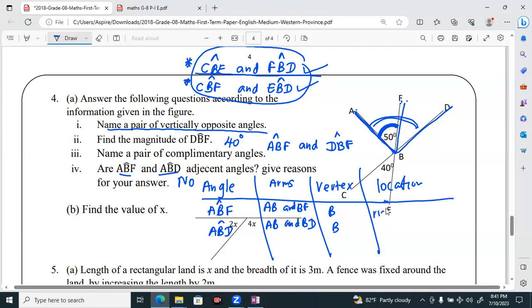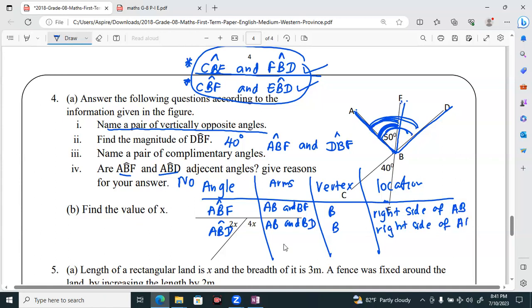on the right side of AB. ABD also is located on the right side of AB.